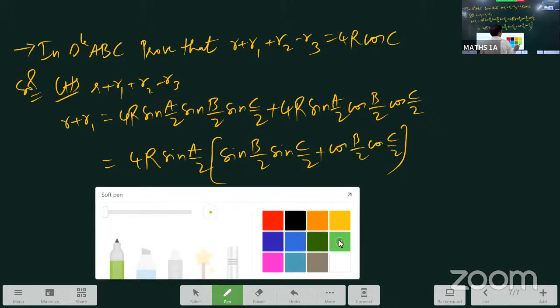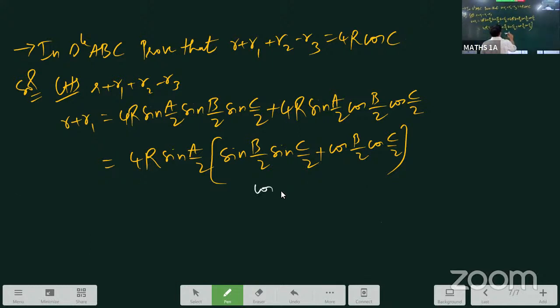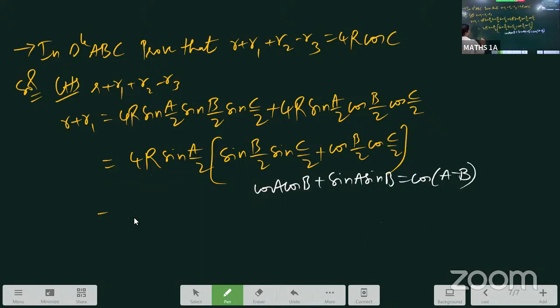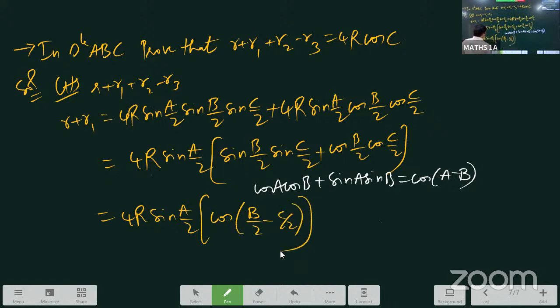This looks like cos A cos B plus sin A sin B, which is cos of A minus B. So that is nothing but 4R sin A by 2 into cos of B by 2 minus C by 2. 4R sin A by 2 cos of B by 2 minus C by 2.